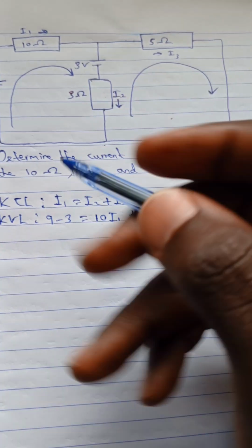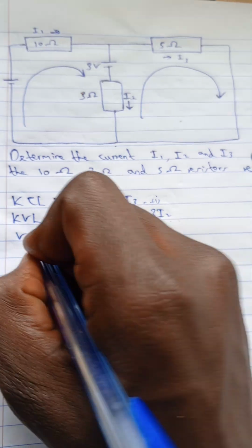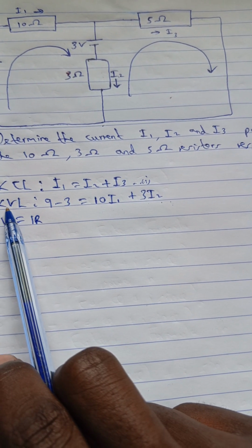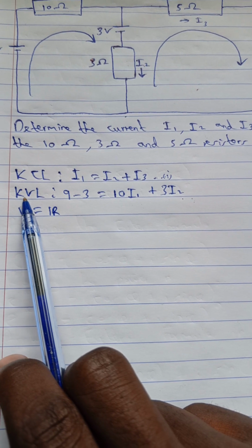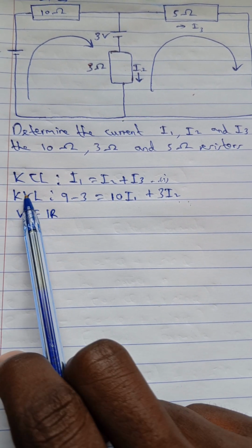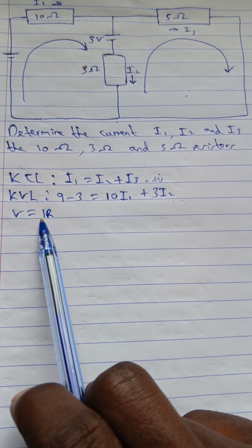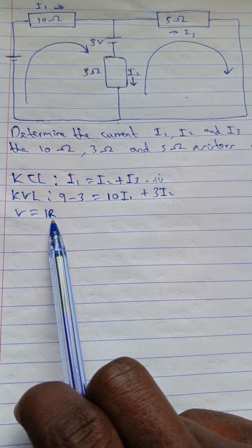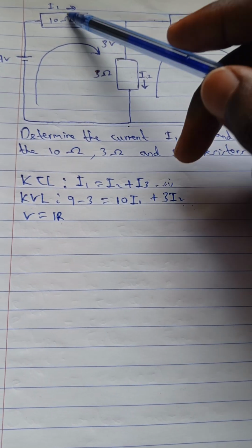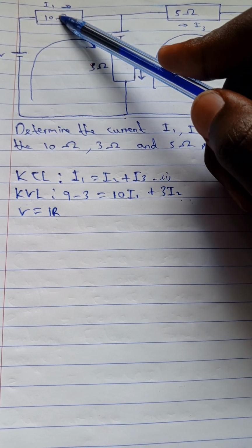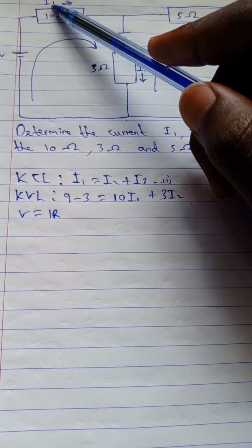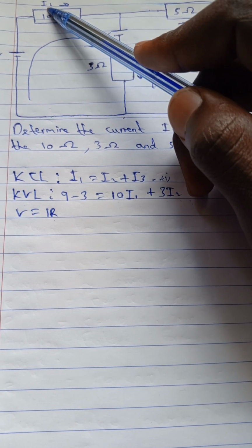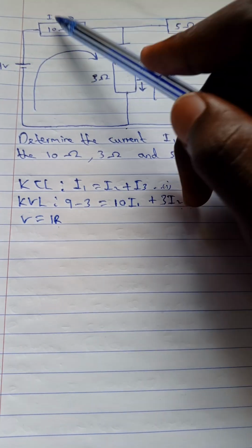You know that from Ohm's law, V is equal to IR. So remember we are dealing with Kirchoff's voltage law, so we are dealing with voltage, and voltage from Ohm's law is given by current times resistance. For this resistor here, it has a resistance of 10 and the current that is passing through it is I1.